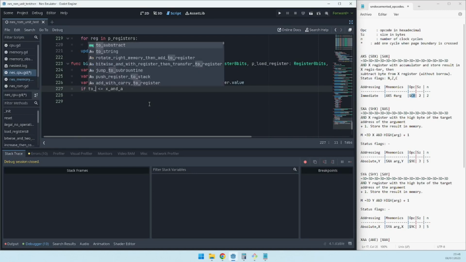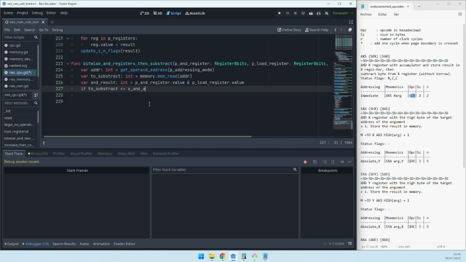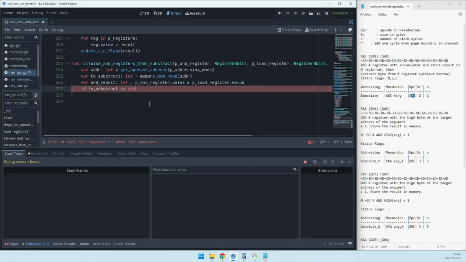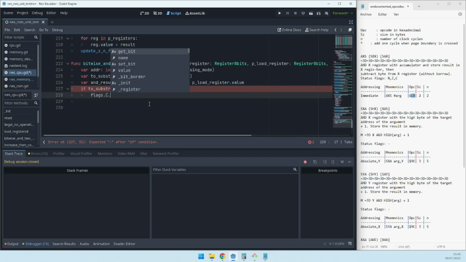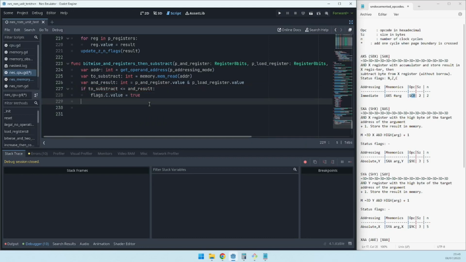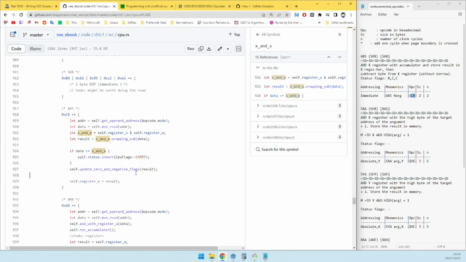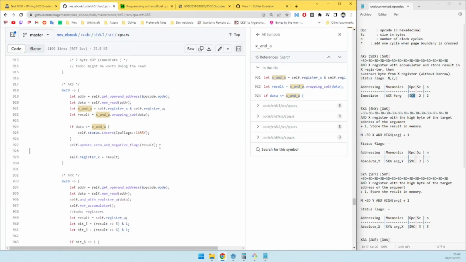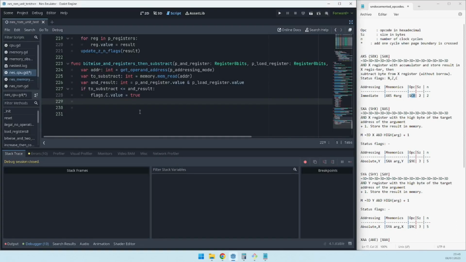It updates carry. If to subtract is less or equal to the AND result, flag carry value equals true. Update zero and negative from result.